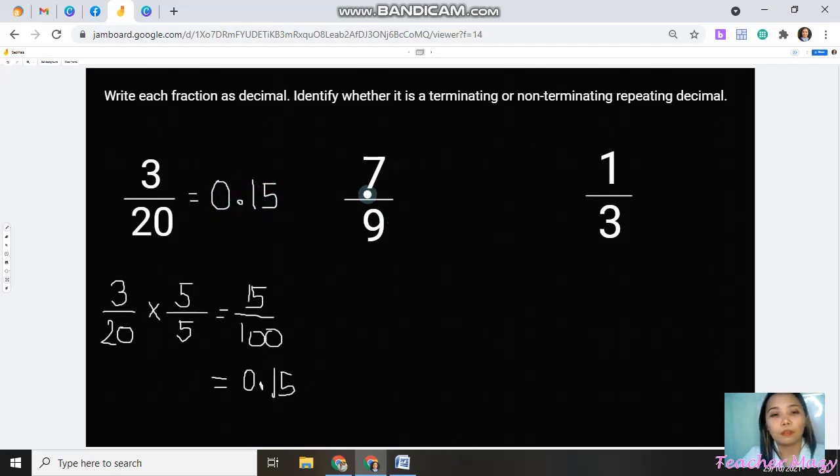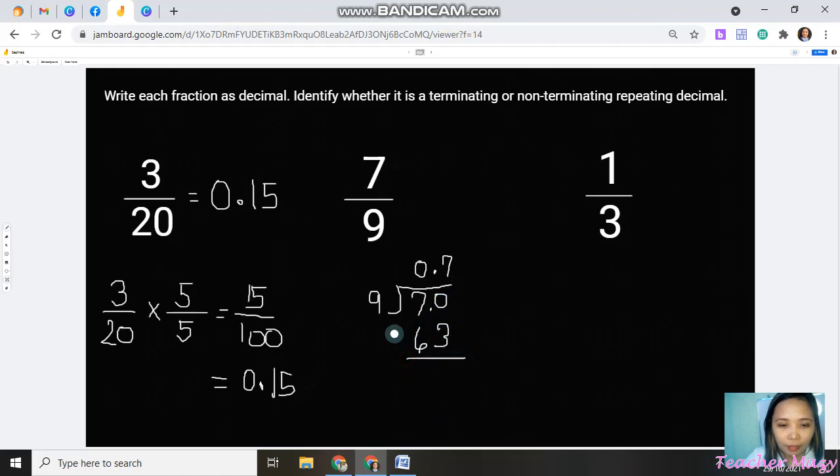Next, for the second given, I will use the division method. Divide the numerator by the denominator. 7 divided by 9 cannot be done, so let's add another 0 and a decimal point. 70 divided by 9 is 7, and 7 times 9 is 63. 70 minus 63 is 7.